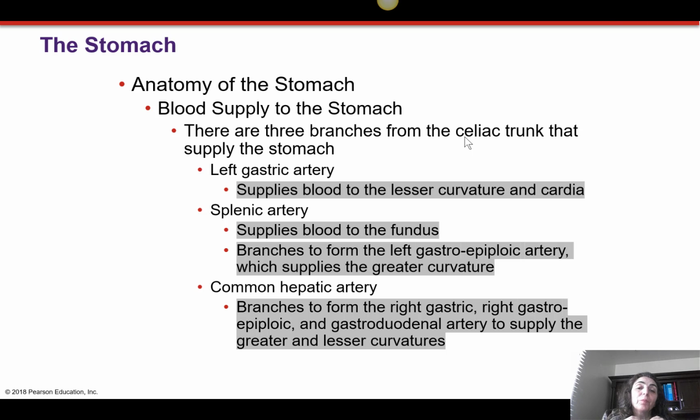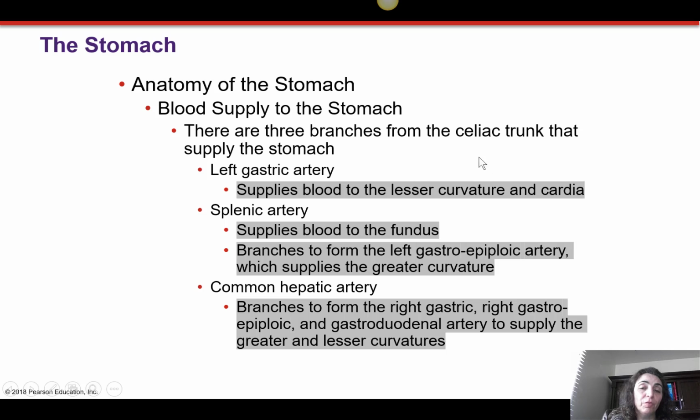So all these structures come from that first part of the tube, and their blood supply also comes from the celiac trunk. So the three branches that supply the stomach include the left gastric artery, splenic artery, and common hepatic artery.